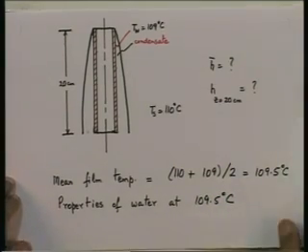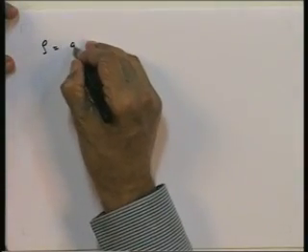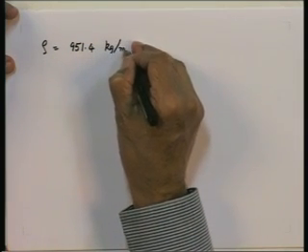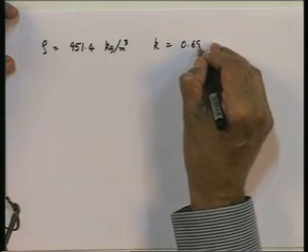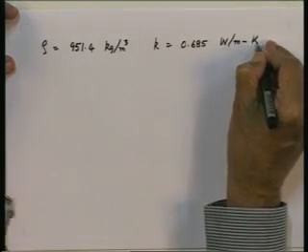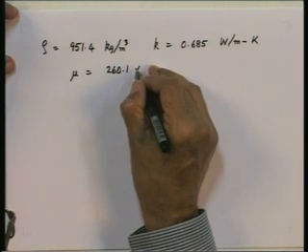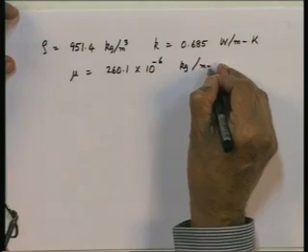If you look them up, you will get rho is equal to 951.4 kilograms per meter cube, K is equal to 0.685 watts per meter Kelvin, and mu is equal to 260.1 into 10 to the power of minus 6 kilograms per meter second.